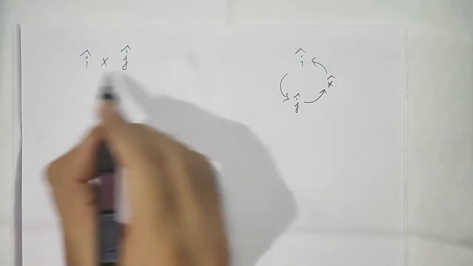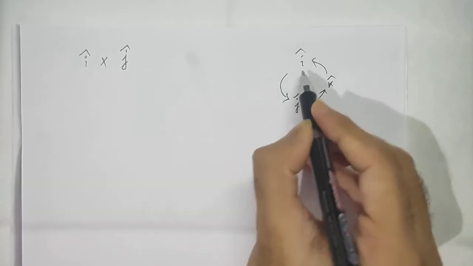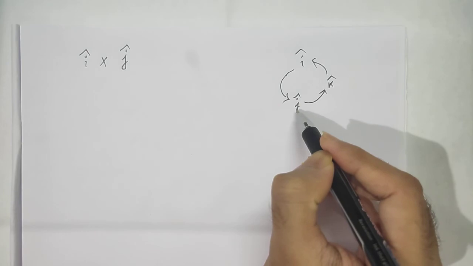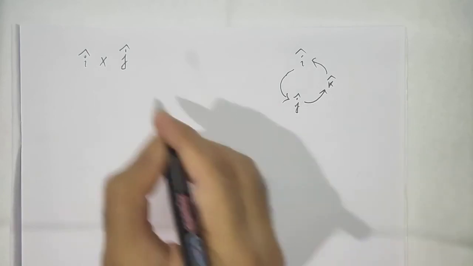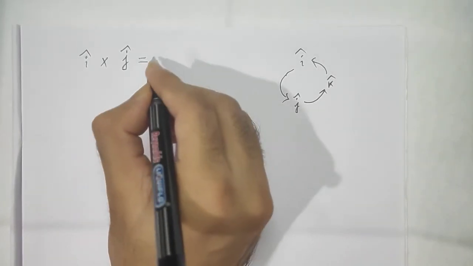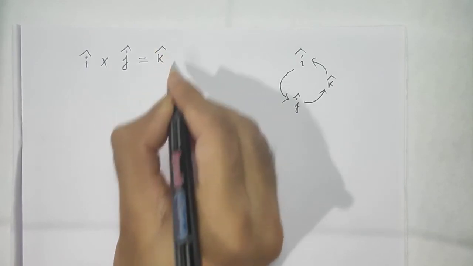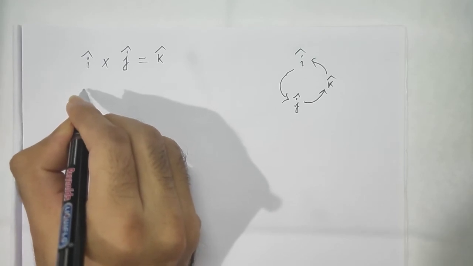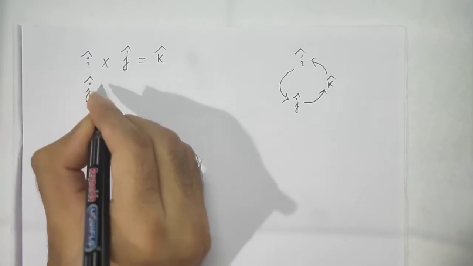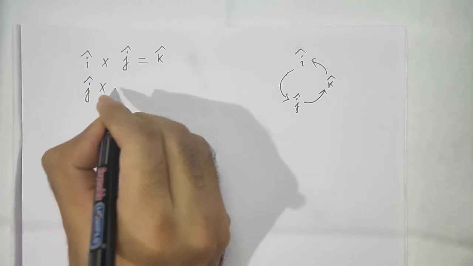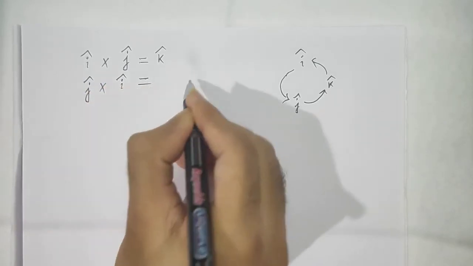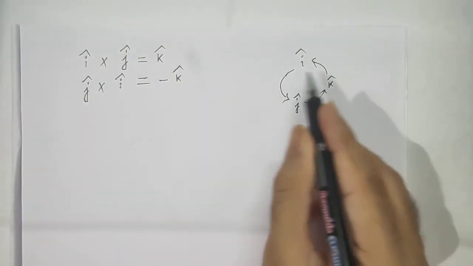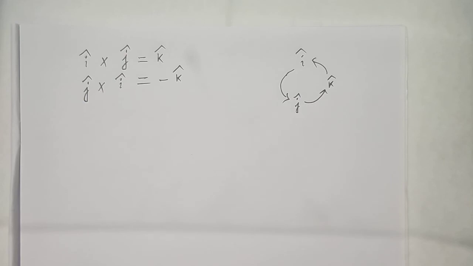So i is going anti-clockwise to j, then it will have the k cap unit vector. But if it is j cap cross i cap, then it will be negative of k cap. Okay, so from this diagram you can calculate each and every part.